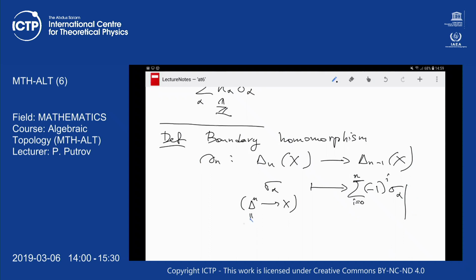If sigma alpha maps from a simplex with vertices v0, v1, up to vn, here we consider the restriction of this on a subsimplex where we remove vertex vi as before.